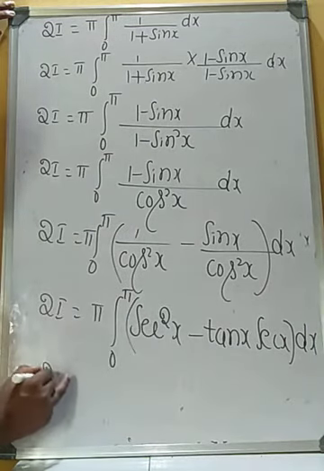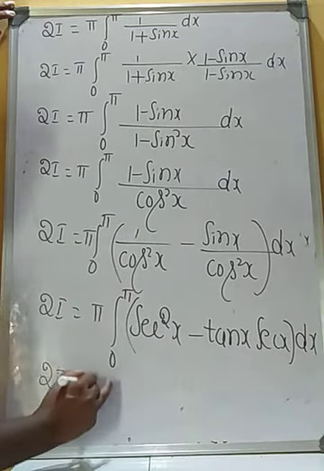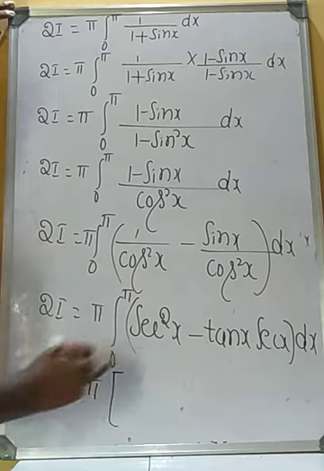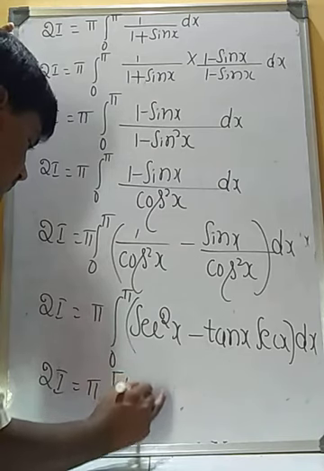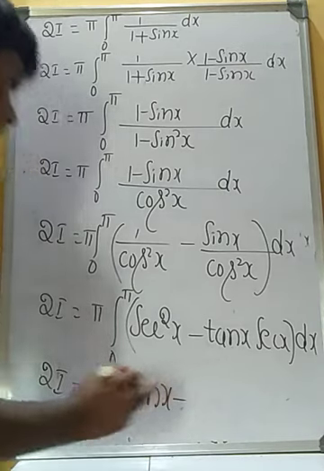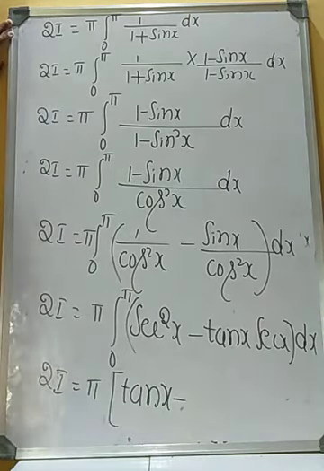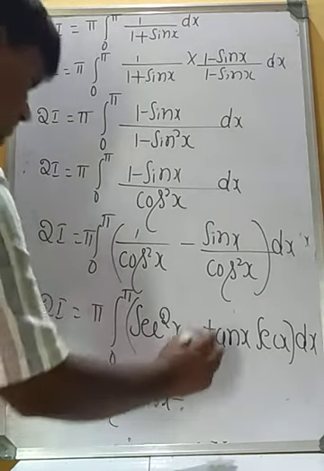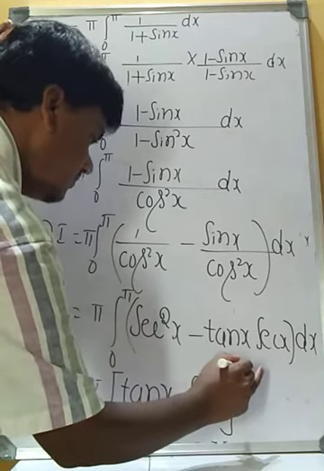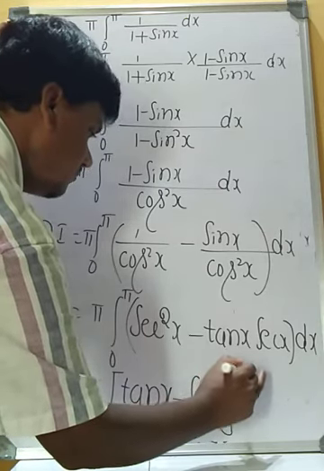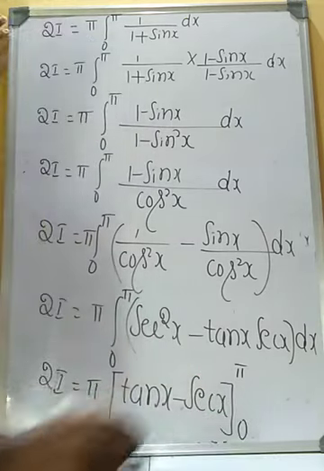So 2I equals pi into the integral of secant squared x, which is tan x, minus tan x into secant x, whose integral is secant x, with upper limit pi and lower limit 0.